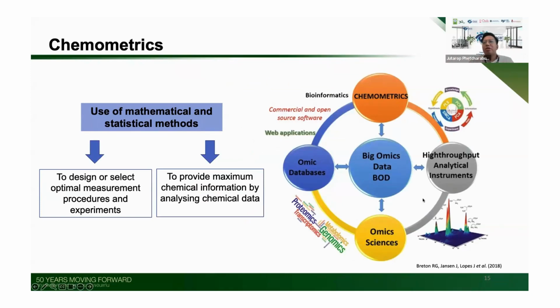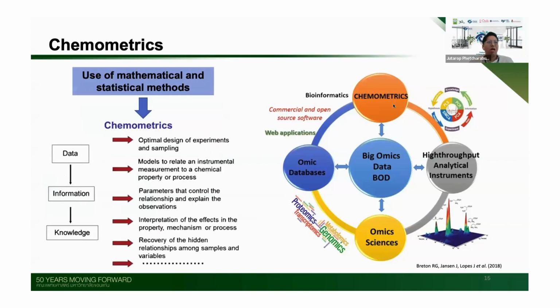That means chemometrics is very important in order to make the very best use of our omics or metabolomic data in this case. And this is the flow of chemometrics: we start with data in order to generate information, and this information can help generate knowledge accordingly.